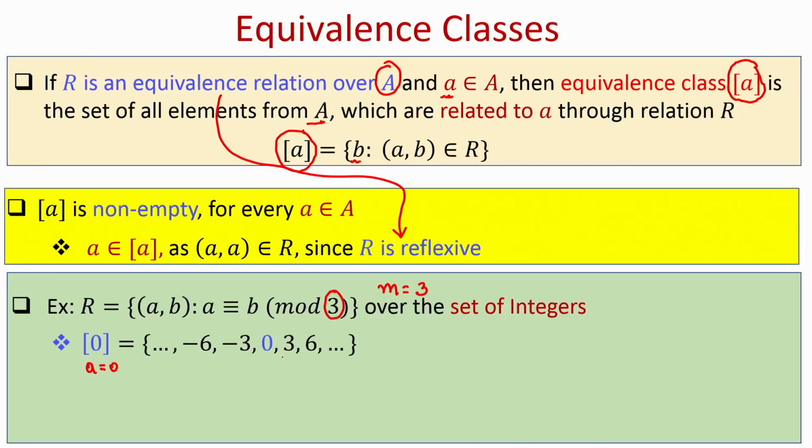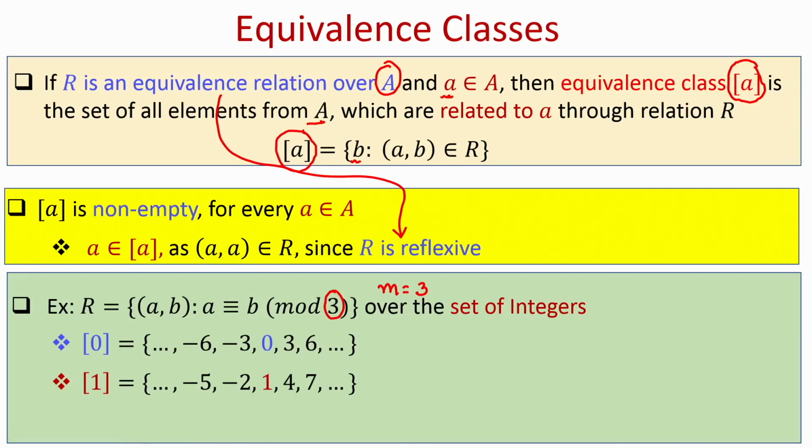And it will have 3, 6, 9 and so on, because 0 is related to 3 and 0 is related to 6 and so on. In the same way, 0 is related to minus 3, 0 is related to minus 6 and so on, because 0 is congruent to minus 3 and minus 6 modulo 3. So, the equivalence class of 0 will be an infinite set, and it will have all the integer multiples of 3.